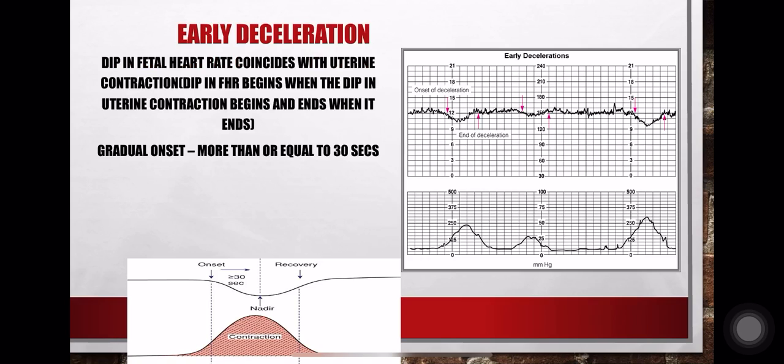That is, the dip in fetal heart rate begins when the uterine contraction begins and it ends when it ends. This dip is gradual in onset and lasts for more than or equal to 30 seconds. This is seen in case of head compression and it is physiological and nothing to worry about.